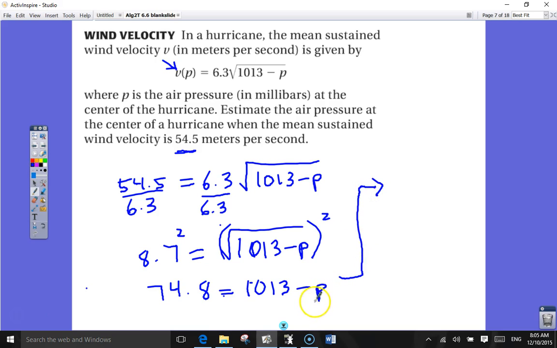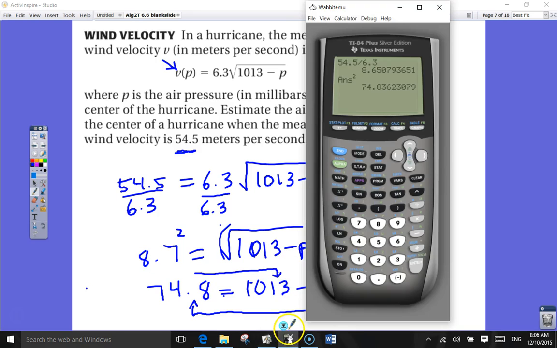You know, if I add P to this side, it'll become positive. And if I subtract 74.8 from this side, then I'm going to do 1013 minus 74.8. You know what, on the calculator, if I want to bring up the last answer, above the negative key right here, it says answer.